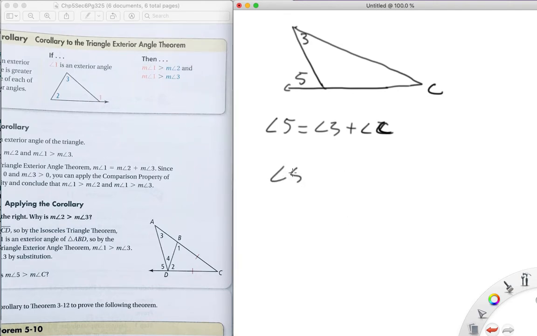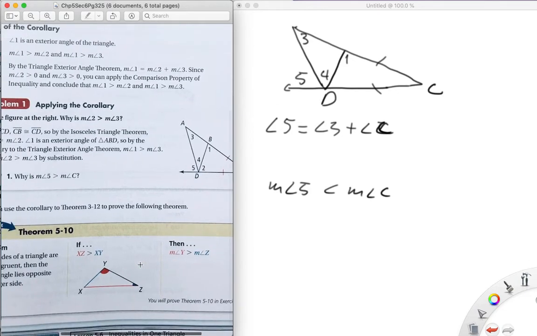So we know that the measure of angle 5 is greater than the measure of angle C, because of the corollary to the triangle exterior angle theorem. That's all they wanted. A was part of the problem prior, but they also wanted to sort of throw you off so that you wouldn't see it. Now that you put all that other stuff aside, now you can see it better, right?